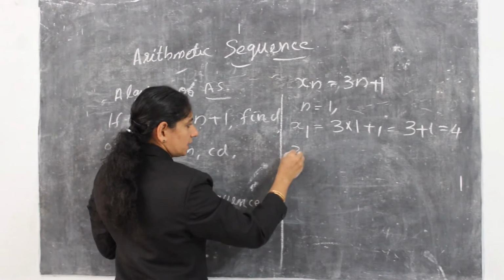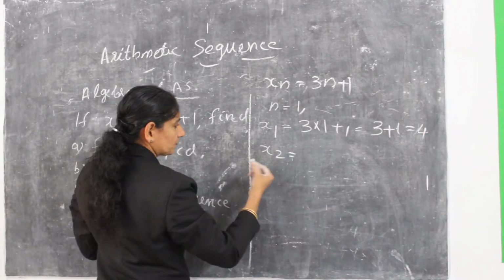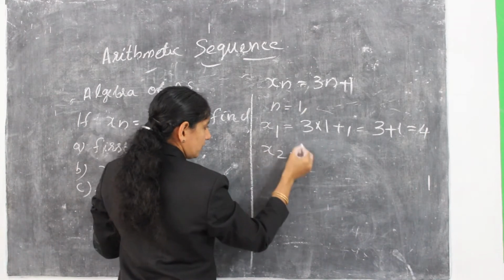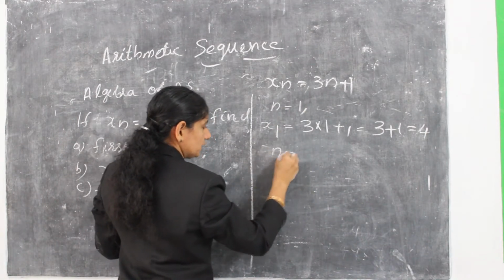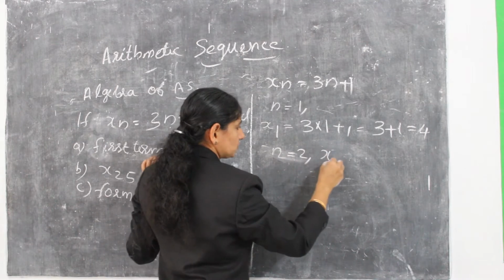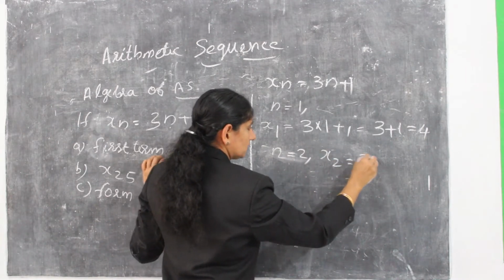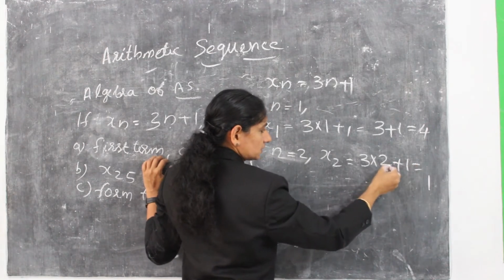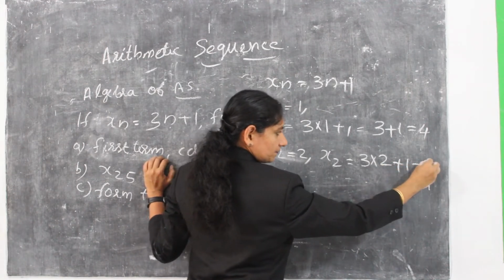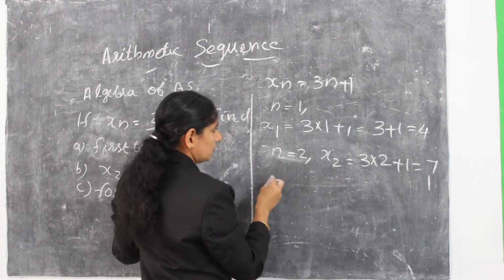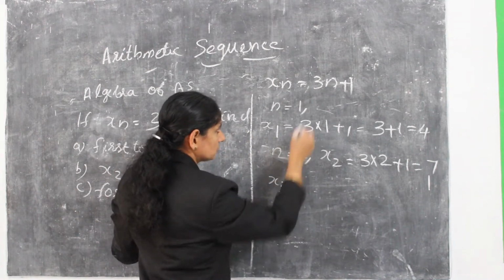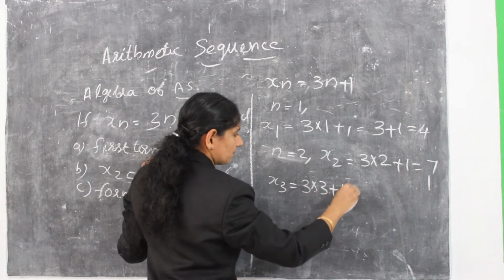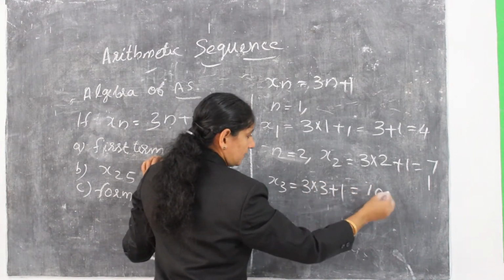Next, to find x2, write n equal to 2. Then x2 is equal to 3 into 2 plus 1, which is 6 plus 1, 7. Then x3, with n equal to 3, is 3 into 3 plus 1, which is 10.